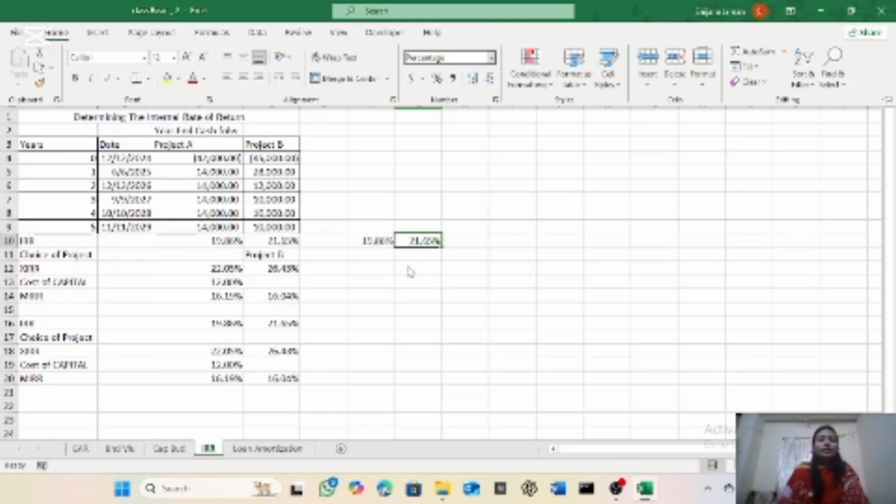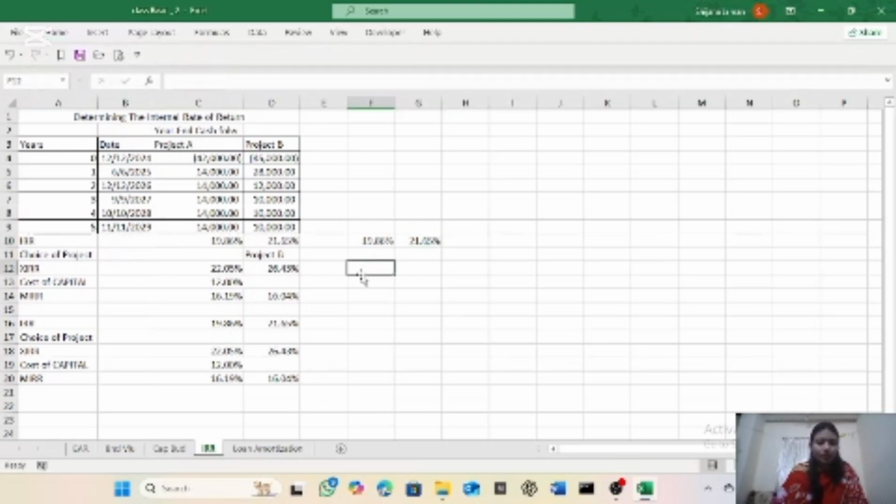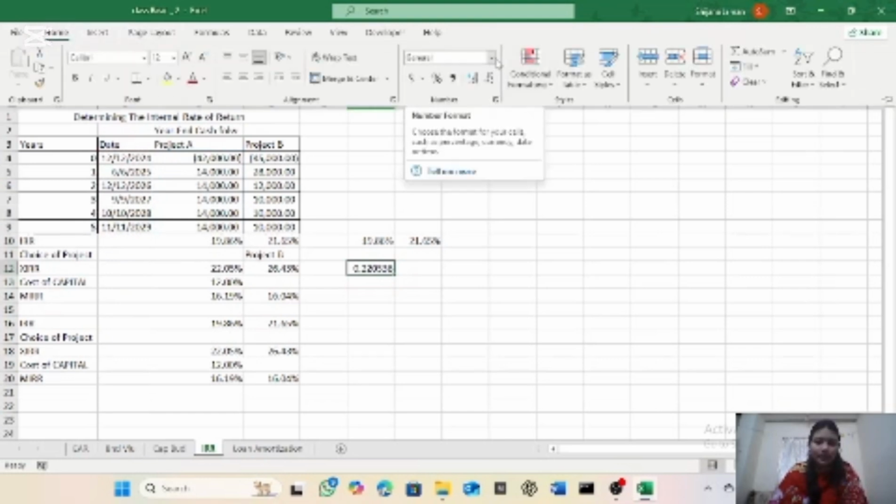21.6%. Now we are calculating XIRR. So the formula would be equal XIRR, tab, values would be, now we are calculating project A, so the entire values of project A, comma, dates means entire dates, bracket close, enter, and we have to convert it into percentage.